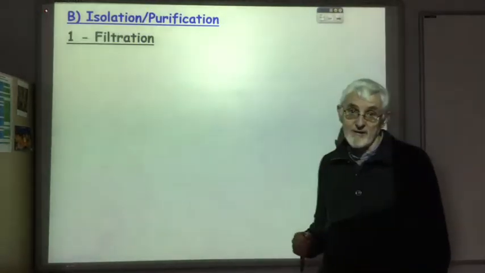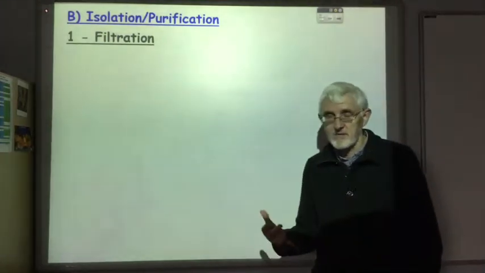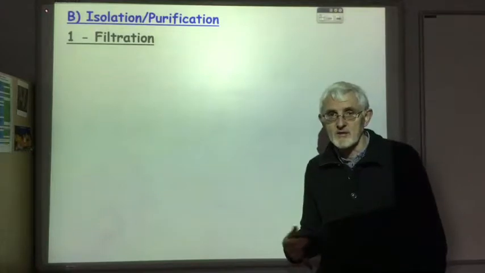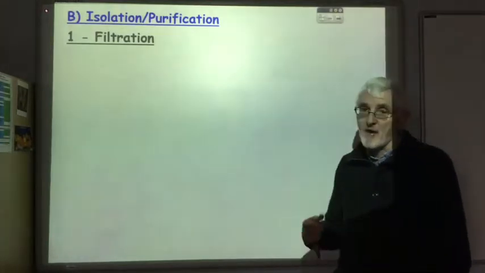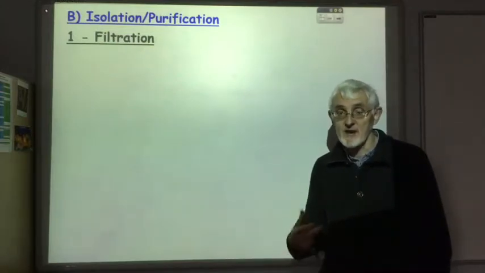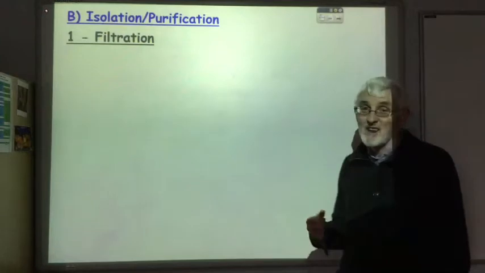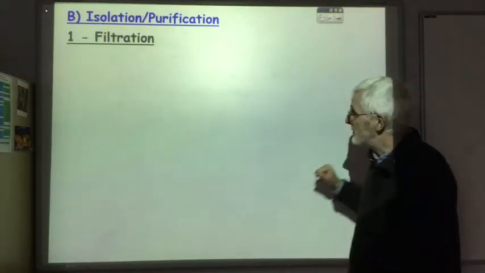First one is simply filtration. Now, the theory behind filtration has not changed since S1. So if our product happens to be a solid, we can then filter it out of the reaction mixture. The only thing that has changed at Advanced Higher was the equipment we used.